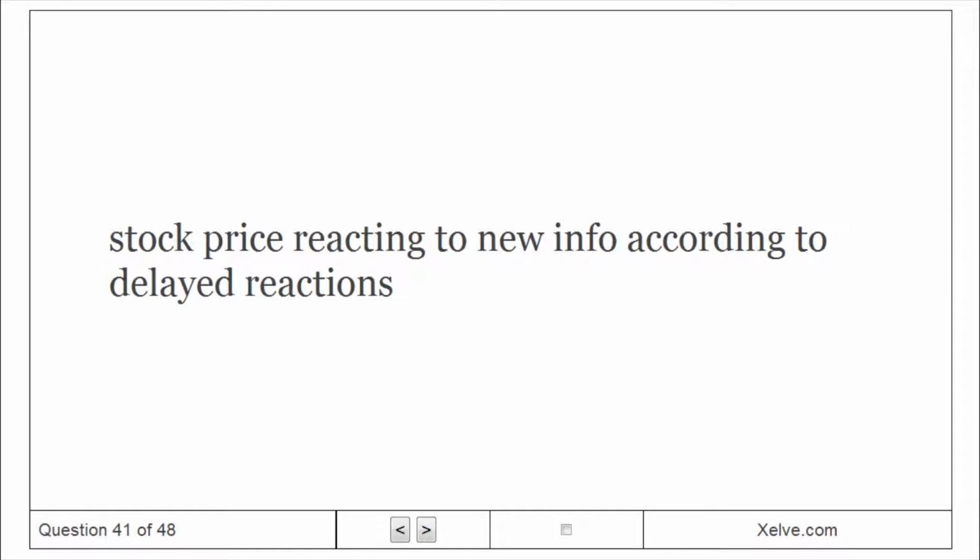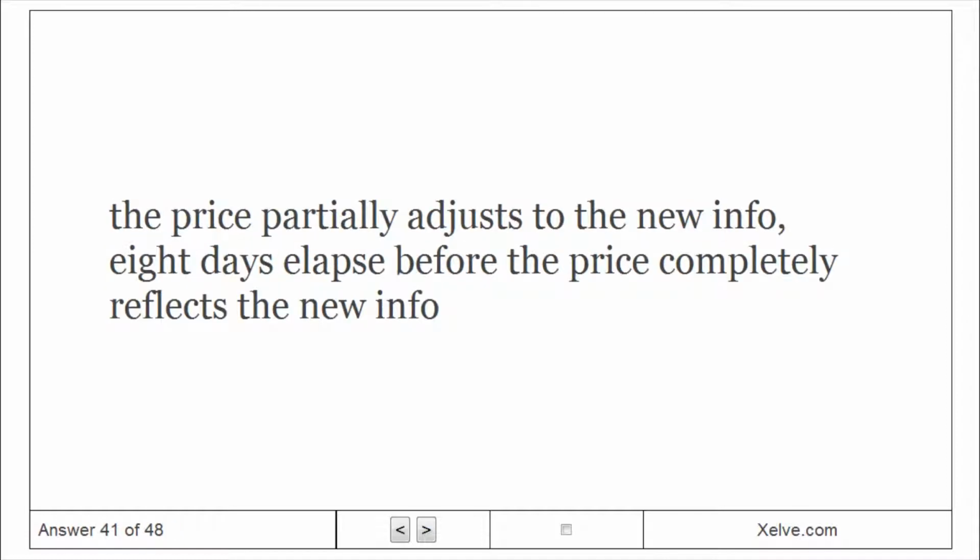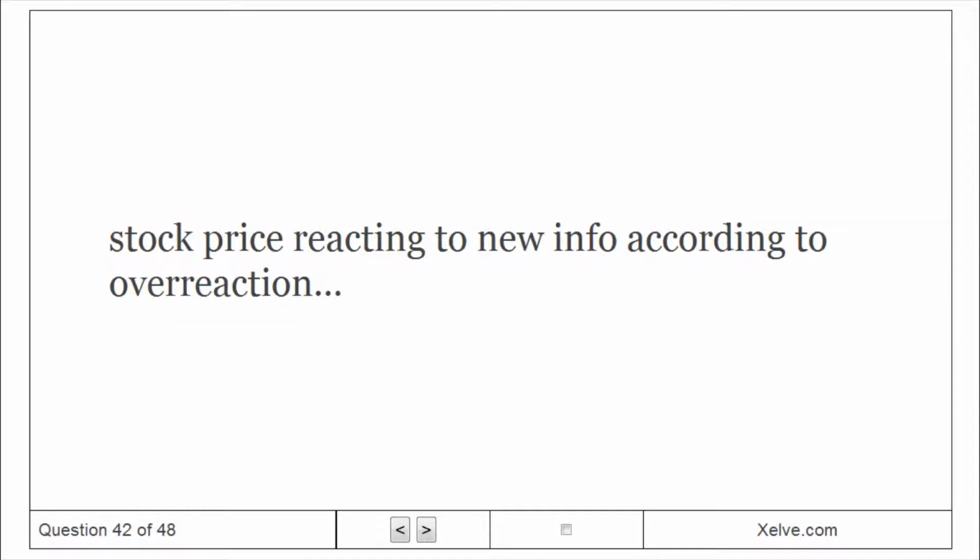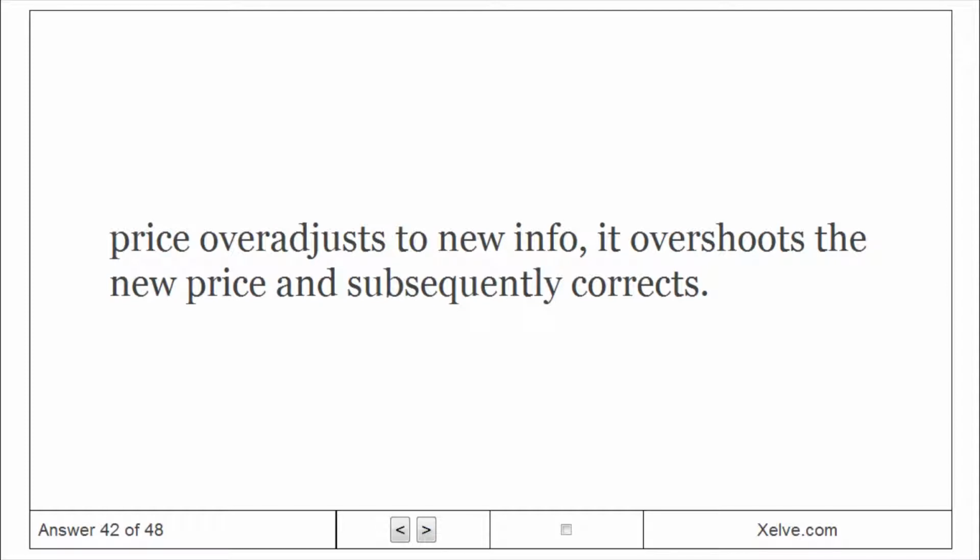According to delayed reactions: the price partially adjusts to the new info, and 8 days elapse before the price completely reflects the new info. According to overreaction: price overadjusts to new info. It overshoots the new price and subsequently corrects.